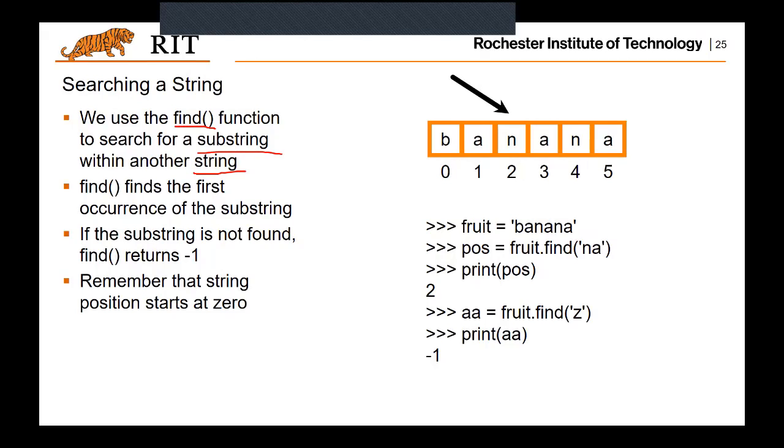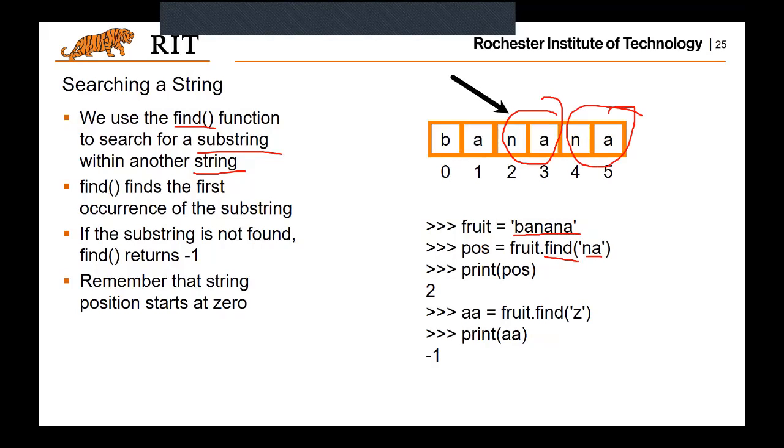For example, for this banana string, you want to find the position of NA. Where is NA? Its location is here and here.